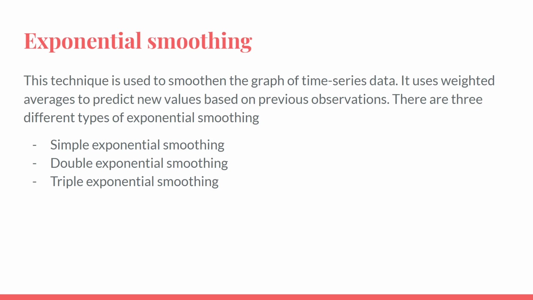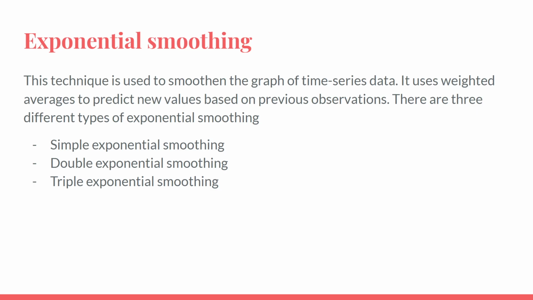So let's get into the first technique, exponential smoothing. This technique is used to smoothen the graph of time series data. It uses a weighted average to predict new values based on previous observations, meaning that as we move further in time from older observations, the weight of these observations decreases.